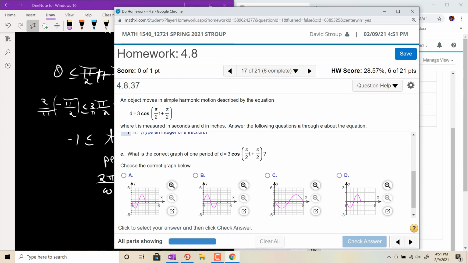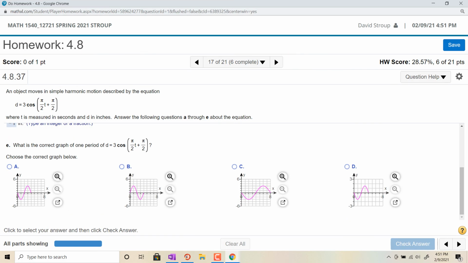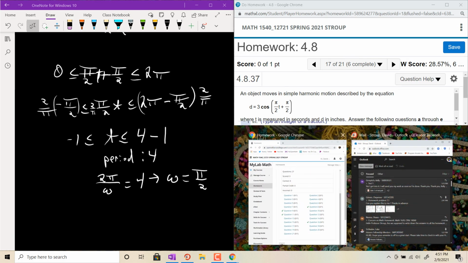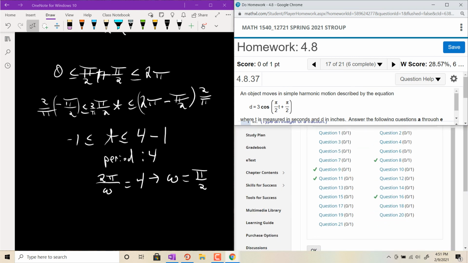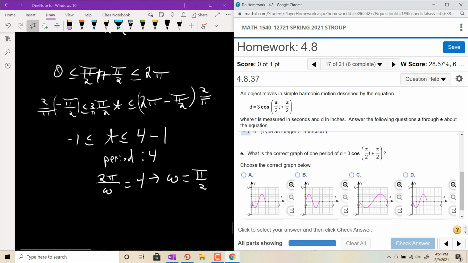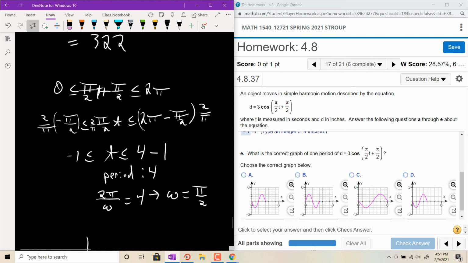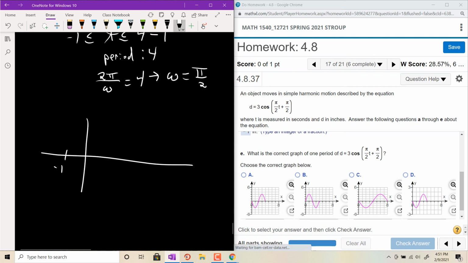And then, I hate these, I'm just basically going to have to draw it out and then match it up. It's the long way. Sometimes you just got to go brute force, you know. So, what do we got? It's negative 1, and then the period we said was 4, so it's going by ones, and it's a cosine.